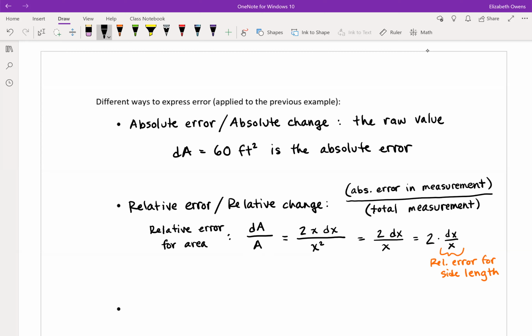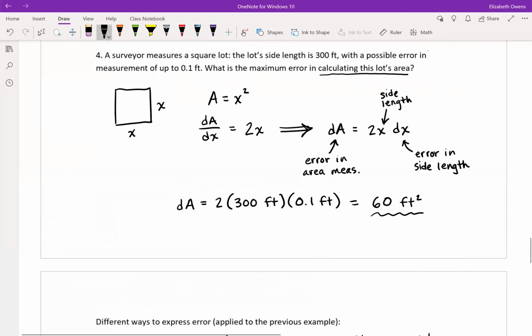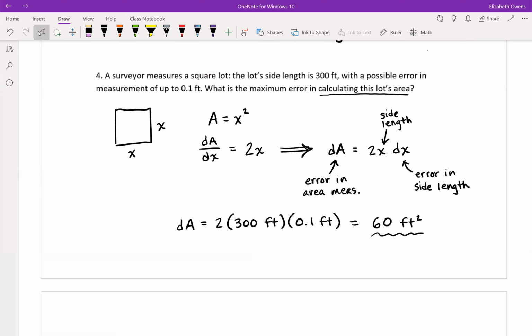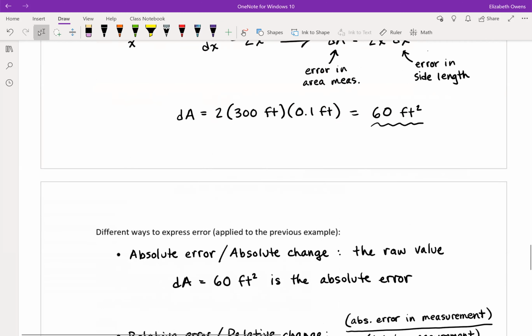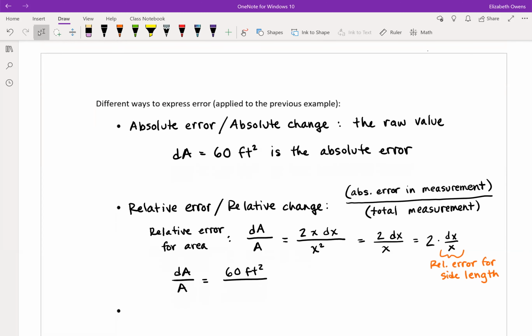But if you're wanting to just find this in terms of numerical values, we would take dA over A and put in what we found there. So 60 square feet for dA. And then we would calculate the total area based on our surveyor's measurements. So the side length was measured to be 300 feet. So our calculated total area would be 300 feet getting squared.